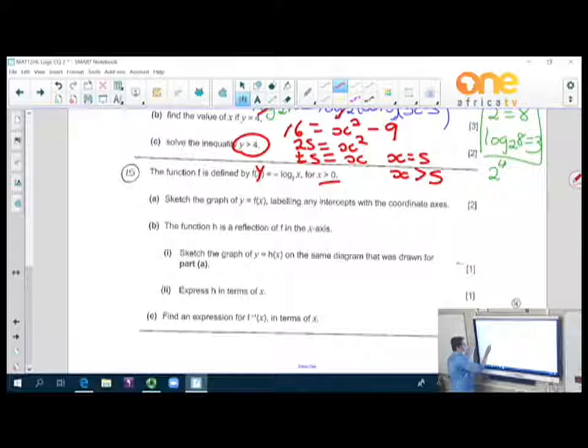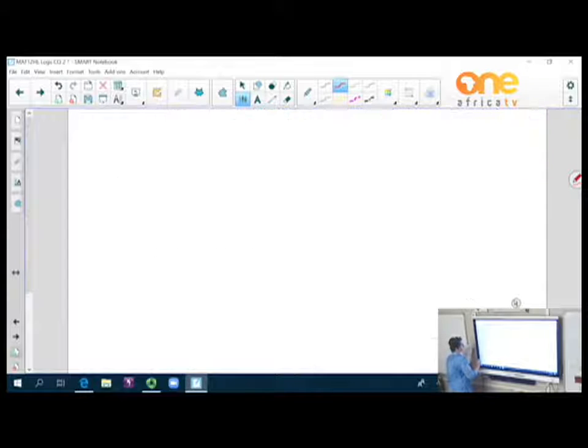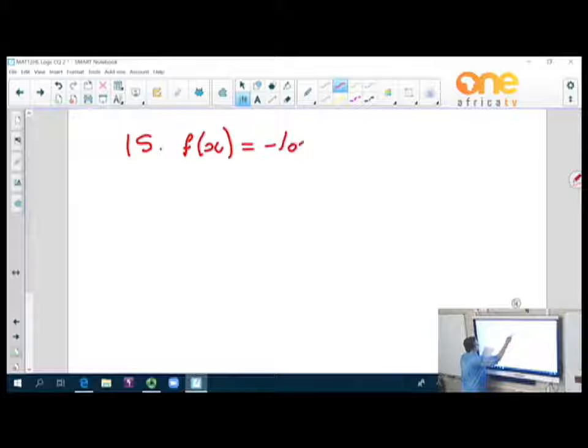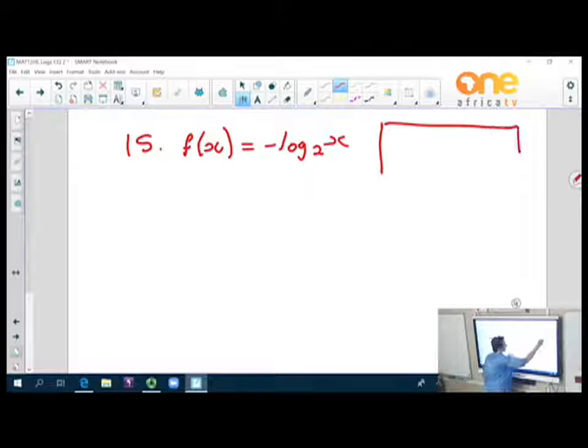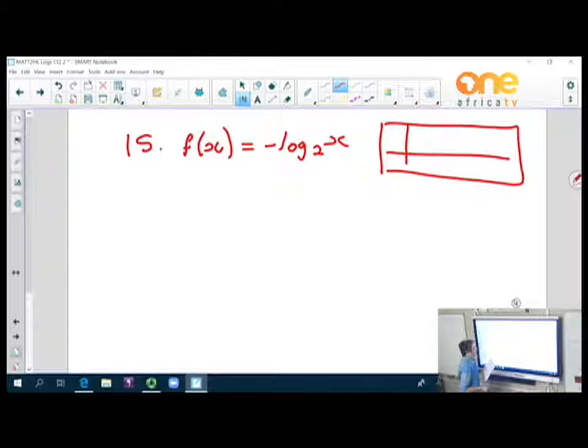So this graph, number 15: f(x) is equal to negative log base 2 of x. So I will set up a table to be able to draw that one. Remember, as I said, if you cut the x-axis, y is 0. If you cut the y-axis, x is 0. You need to find those places there.